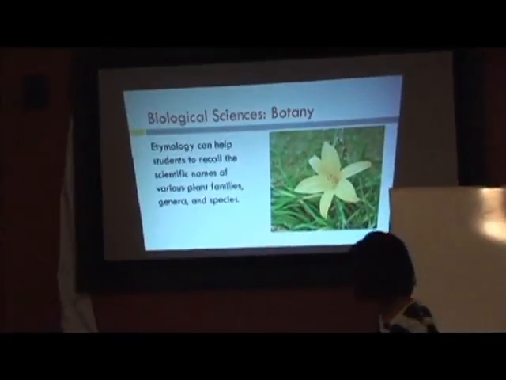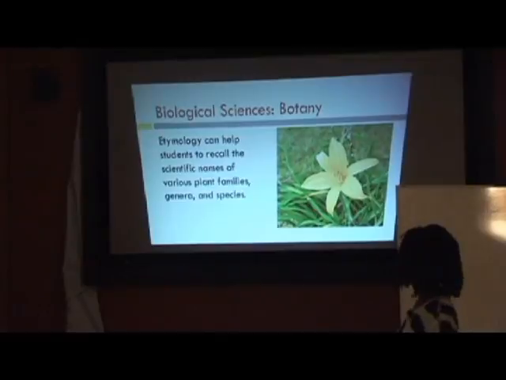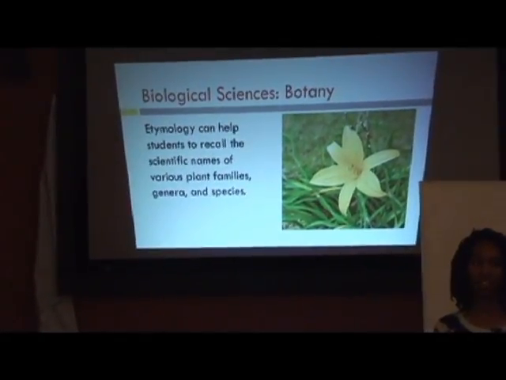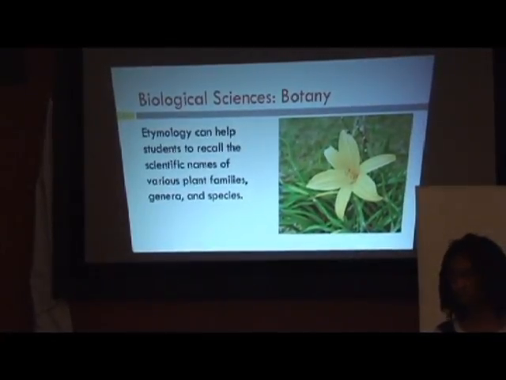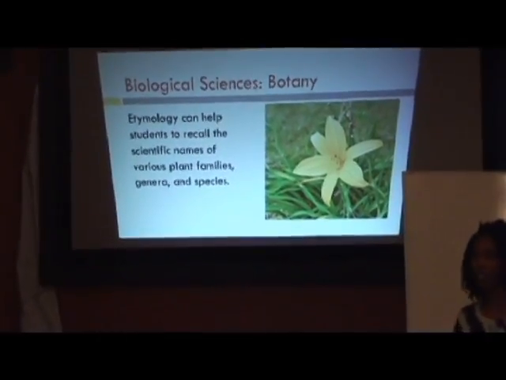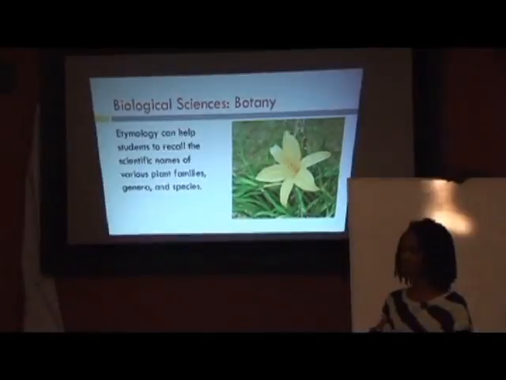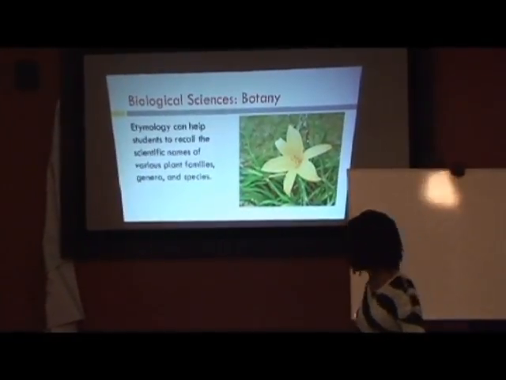not the entire thing. For example, if I'm studying botany, okay, botany is the science of studying different plants, flowers, trees, etc. Okay, so etymology can help me when I am distinguishing the various genus, the family, and the species of a plant.